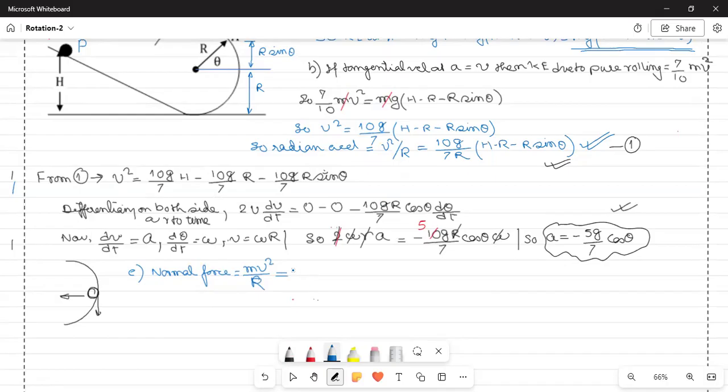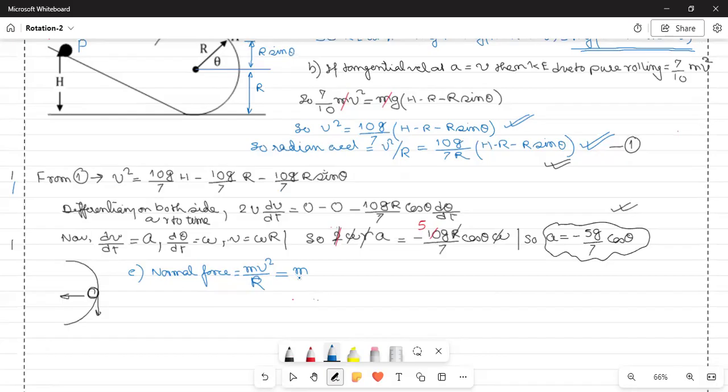Mind it, we found out the value of v square by r, as we found out the value of v square here, 10g by 7 (h minus r sine theta).